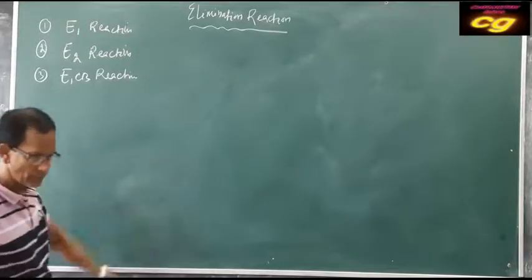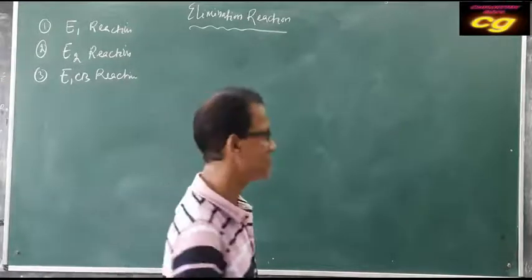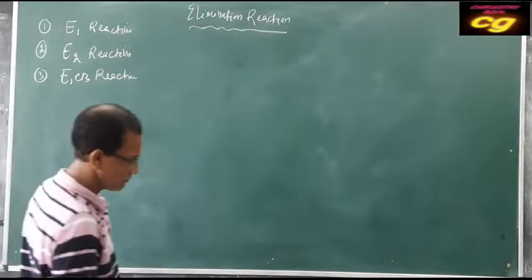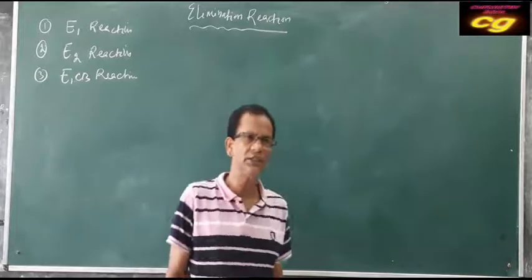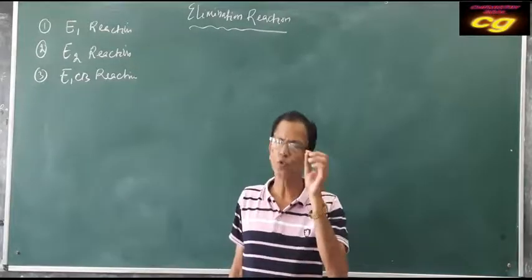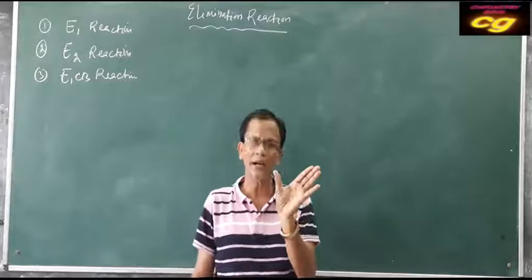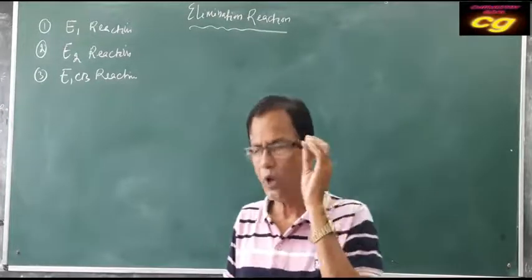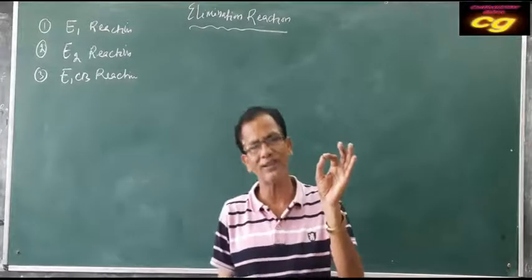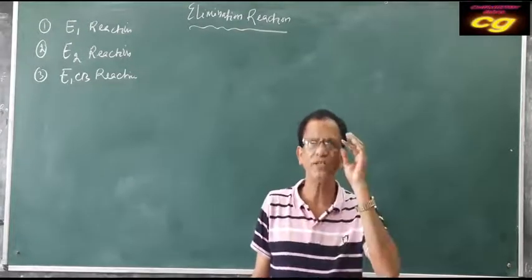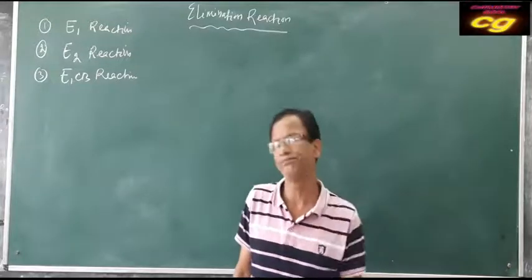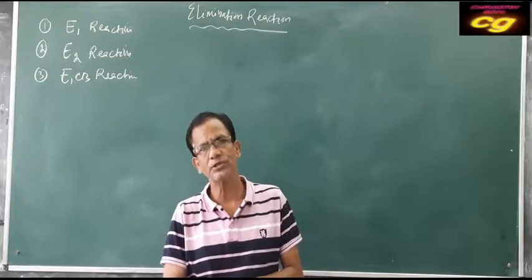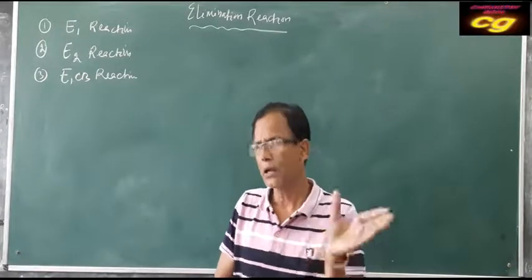If you see the elimination reaction, what happens here? The elimination generally takes place from two adjacent carbon atoms. Two groups will be removed, and with the loss of the two groups from the adjacent carbon atoms, an unsaturated compound is formed.